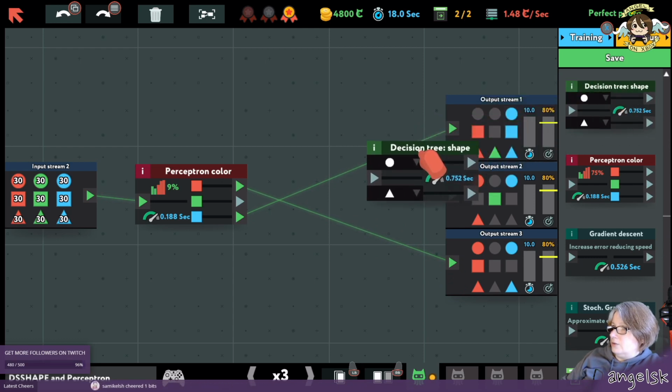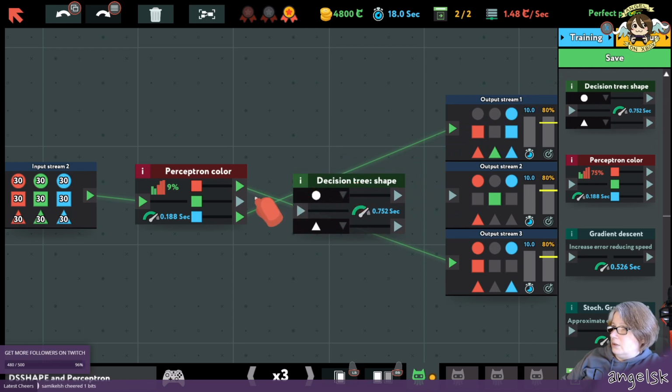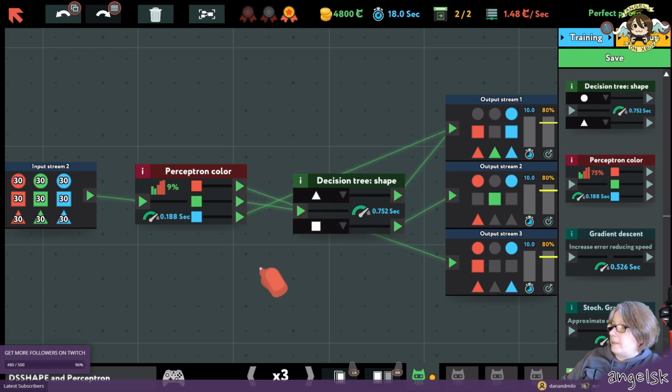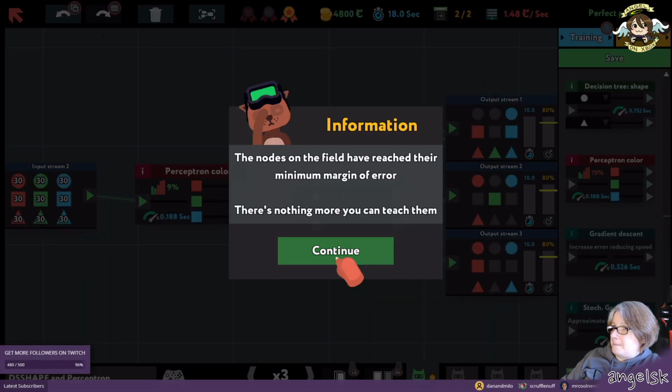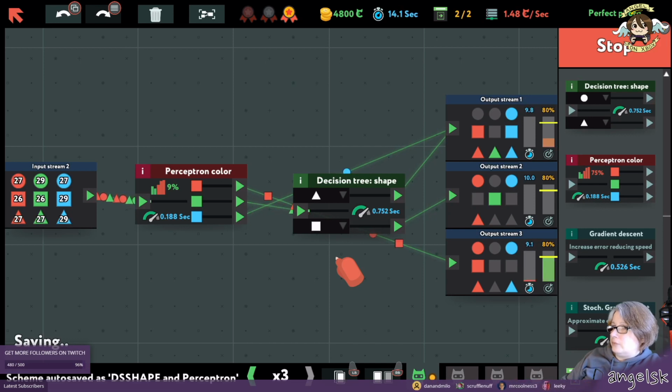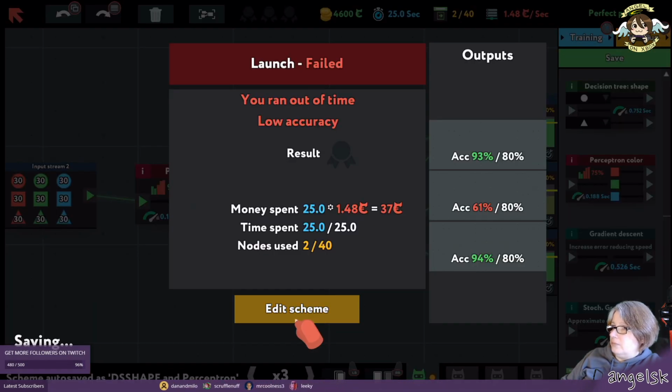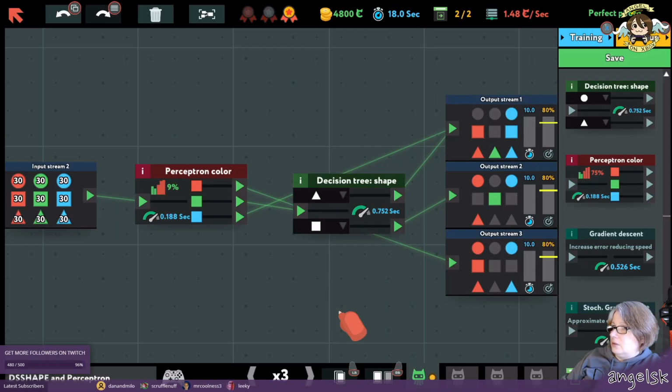And then there's a decision tree on this, whereby we do that. Why did that suddenly fail? Okay.